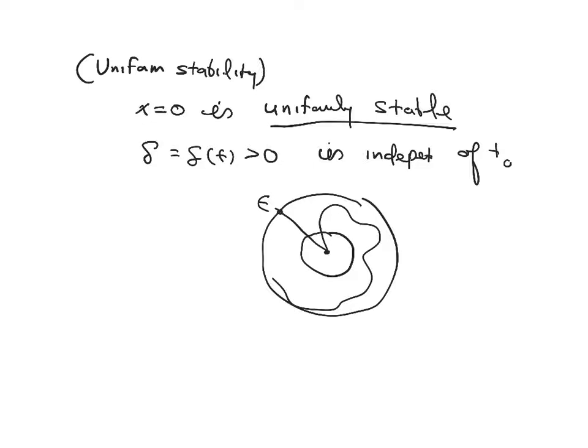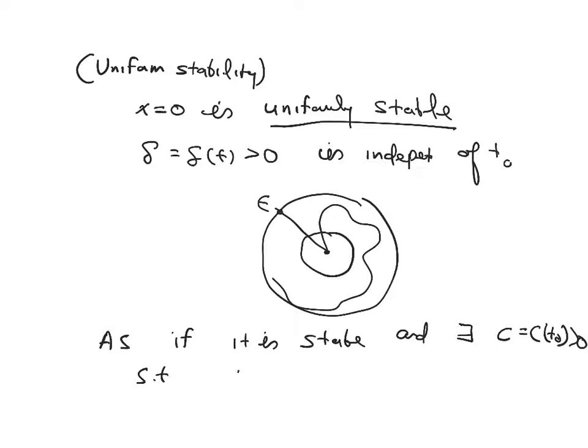Okay, so asymptotically stable if it is stable and basically there exists a c, which is a function of time t0, greater than 0, such that x of t0 is less than c for all time.